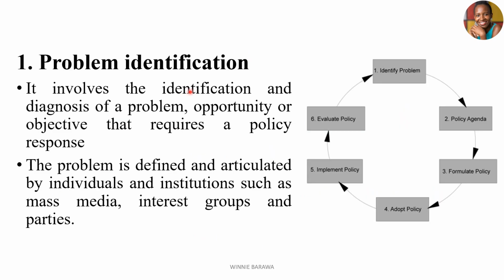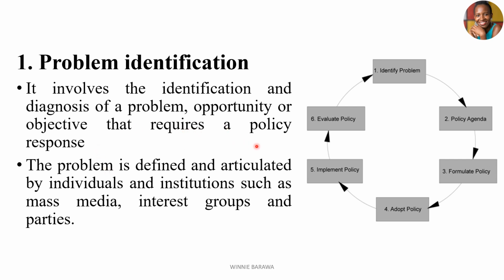So starting with the first stage, that is problem identification. In stage 1 of problem identification, we focus on being able to diagnose the problem that is at hand. We're able to identify the opportunities and the objectives that require a policy response.